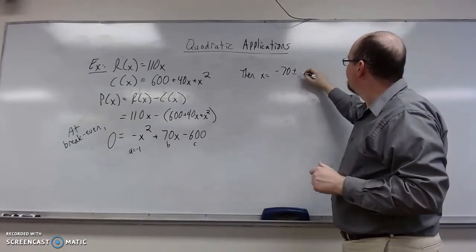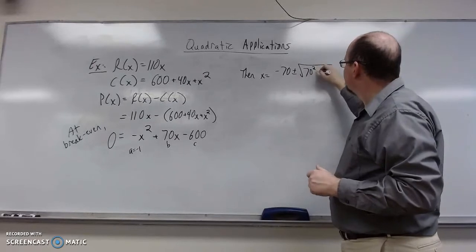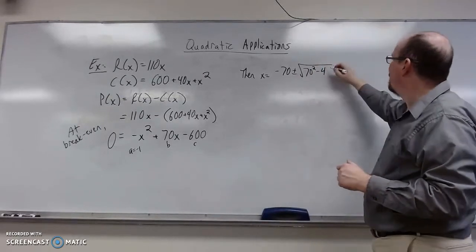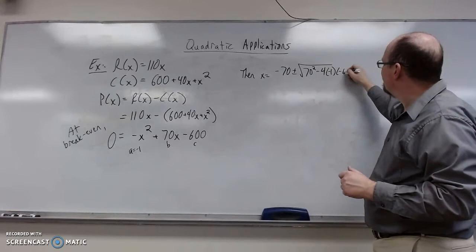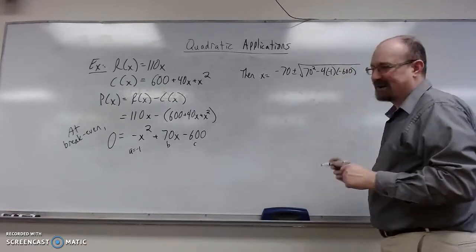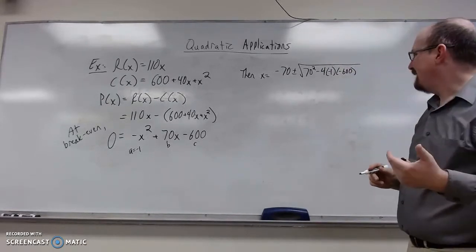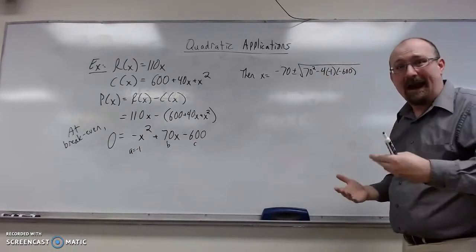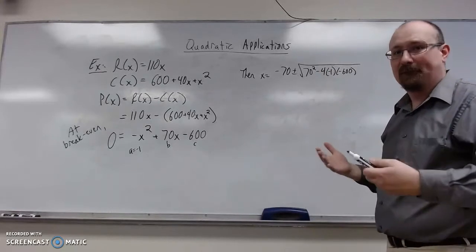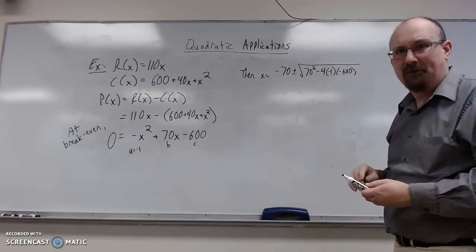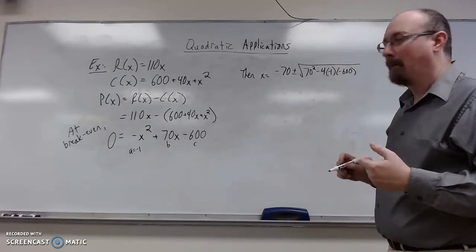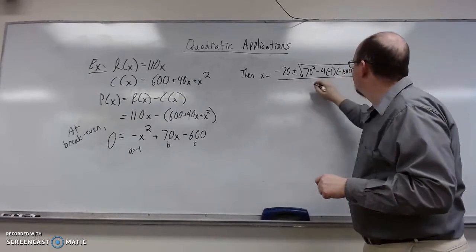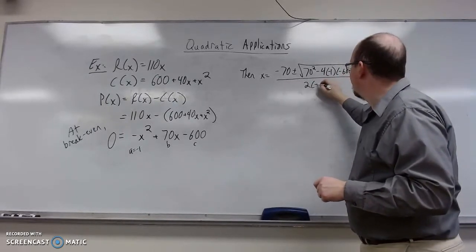So plus or minus the square root of 70 squared minus 4 times my A of -1 times my C of -600. And you can check this, as it turns out, this discriminant does work out to be positive, so we're actually going to have two different solutions. There are two different production levels that could hit our break-even point. So divided by 2 times -1.